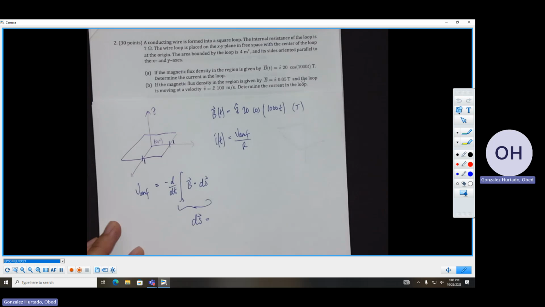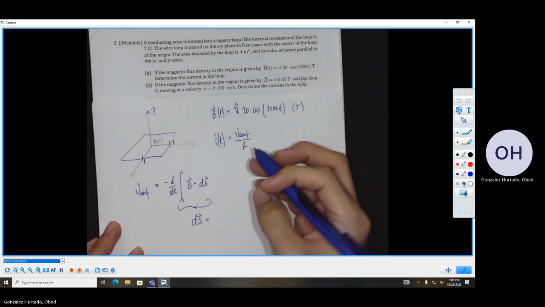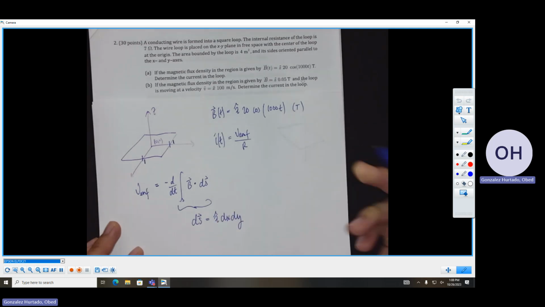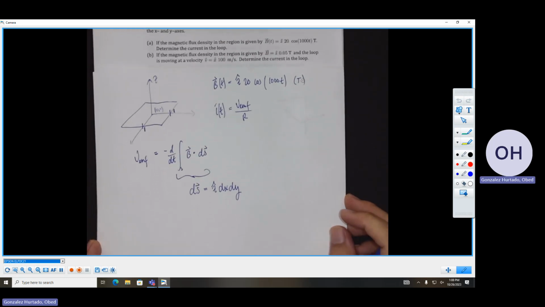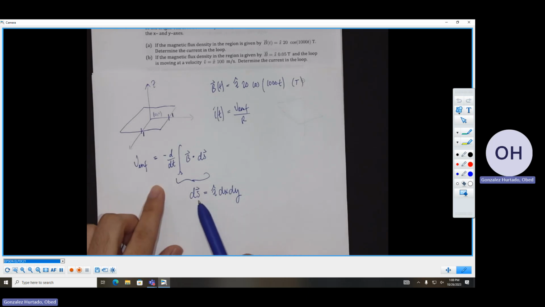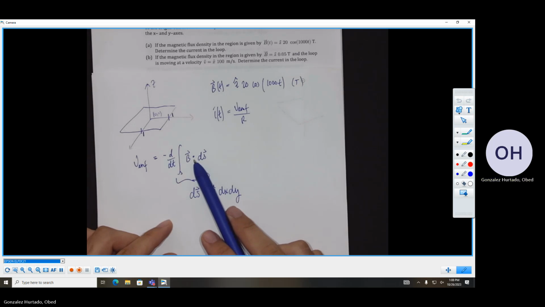So in our case, our dS is gonna be that one. A good way of knowing which one to use is understanding we're taking the dot of it.